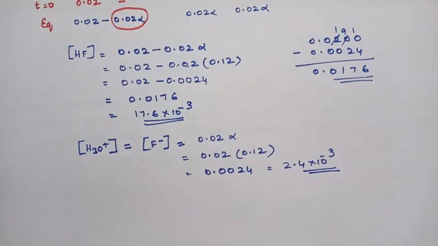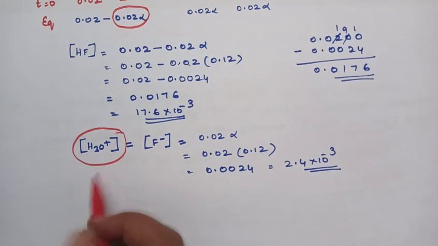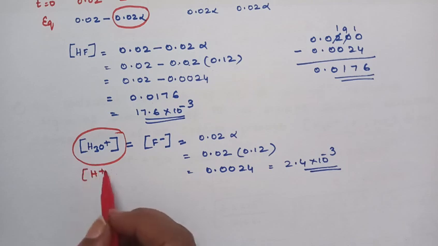Now we have to calculate pH. What is the concentration of H plus ion? The H plus ion and H3O plus ion concentrations are the same, which is 2.4 into 10 to the power of minus 3. Now let us calculate the pH. What is the formula? pH is equal to minus log of H plus ion concentration.